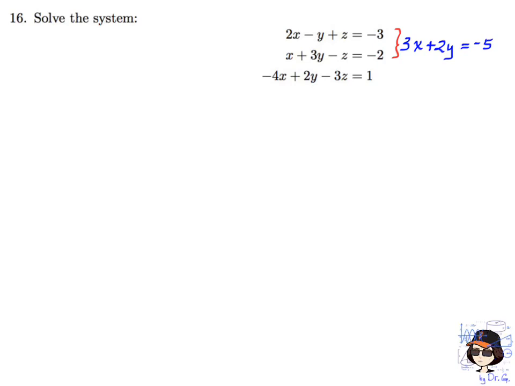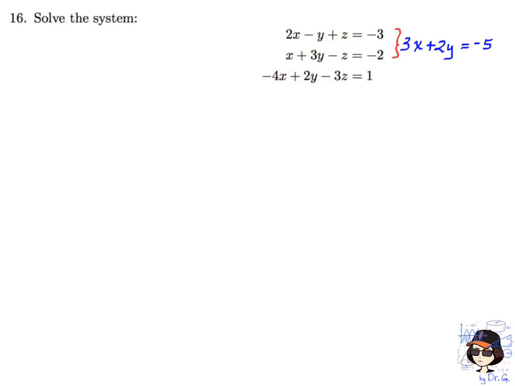We have to eliminate z again, but using a different pair of equations. So we have a couple different choices, but I notice here that if I use the first equation and the last equation, I can get rid of z if I multiply the first one by 3.